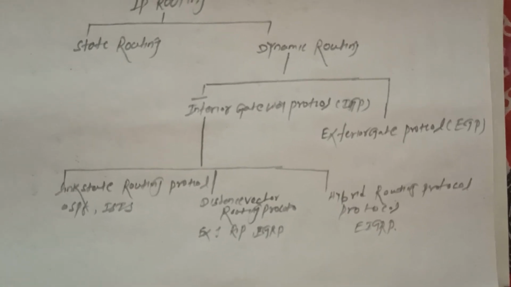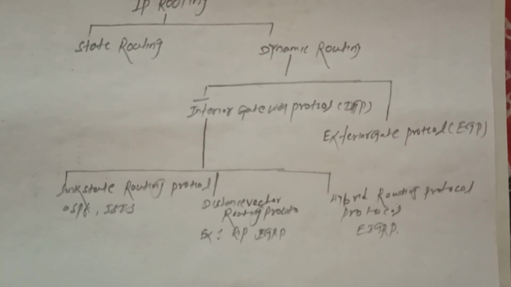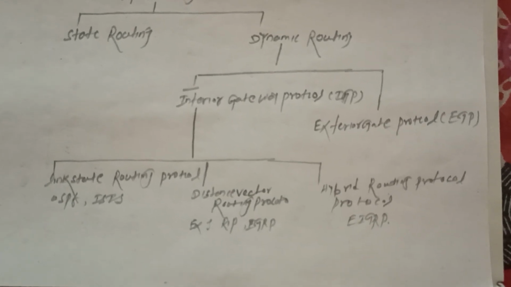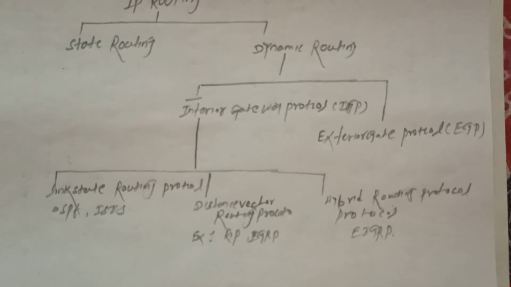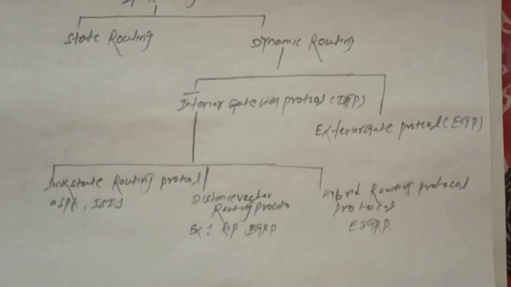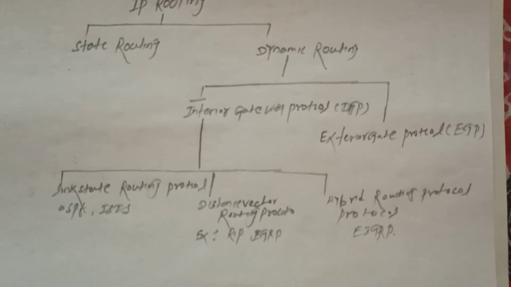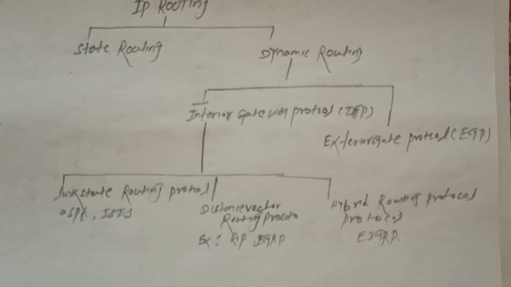It automatically builds the routing table used for routing packets from one network to another, and automatically reroutes the traffic in case of a link failure.